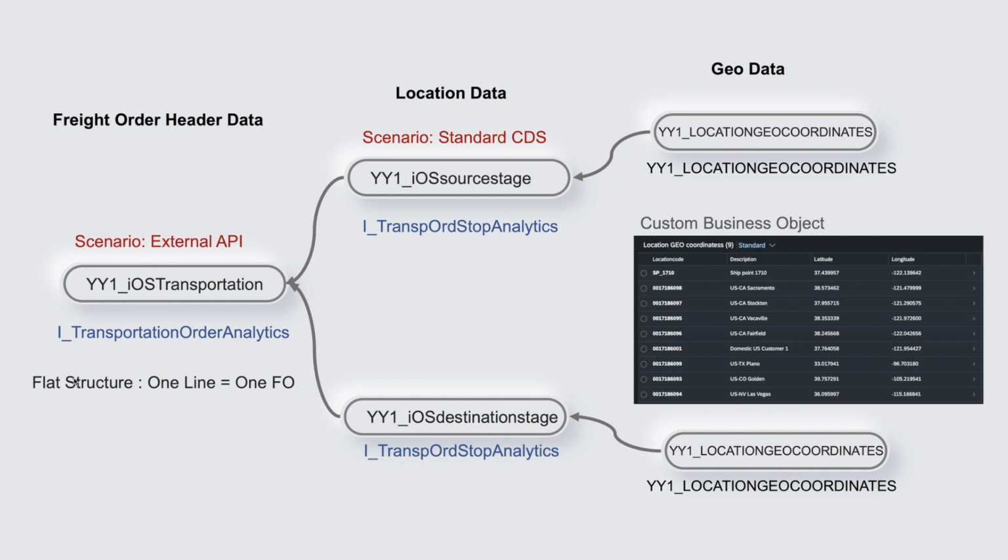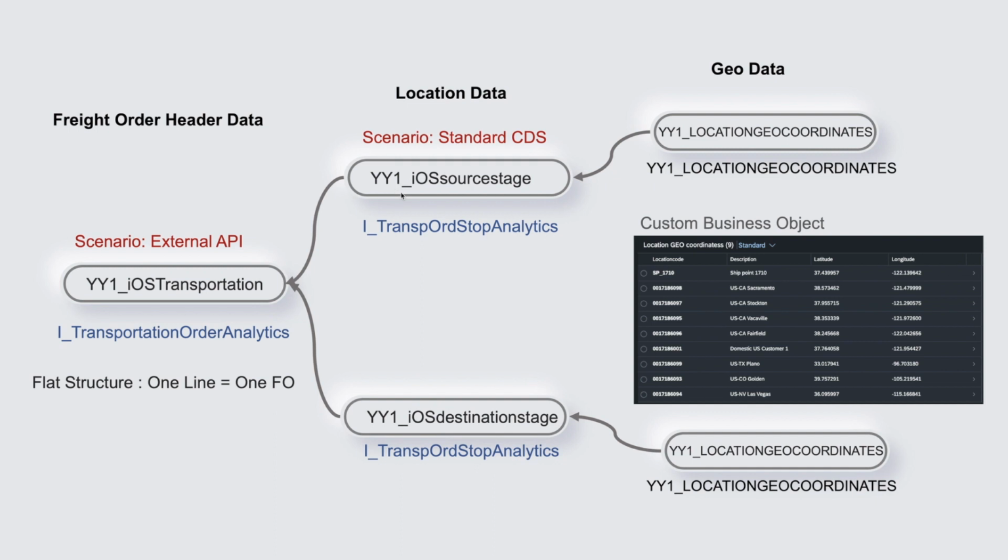Now, what I also wanted to do here to make my life easy when it came to consuming this data feed was to have a flat structure, meaning that I wanted one line, if you like, to represent one freight order. All of the data pertaining to a freight order had to be on the same line. So this primary data source was then joined with two other custom CDSs.